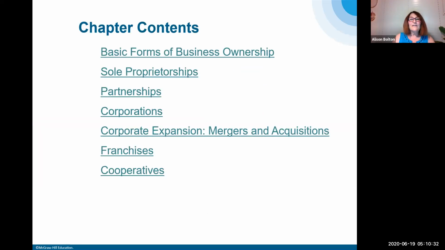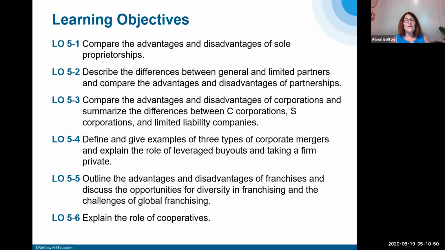Chapter contents: basic forms of business ownership, sole proprietorship, partnerships, corporations, corporate expansion, mergers and acquisitions, franchises, and cooperatives. The learning objectives cover the following.